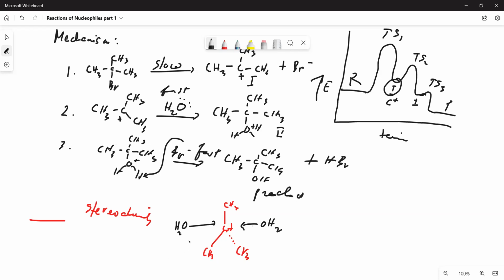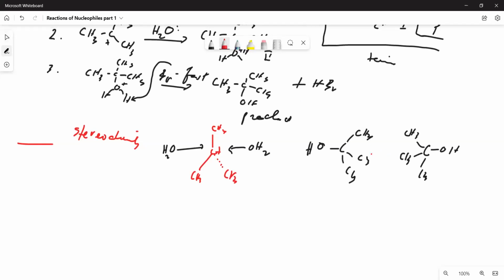Now, if the attack of the water will be at the back, similar to SN2, then you will have a product like this. Okay? If the attack of the water will be front attack, then you will have a product like this. Okay?